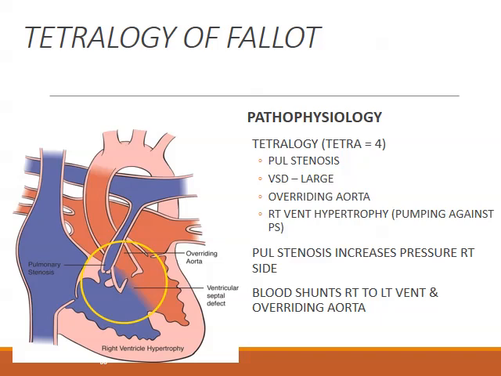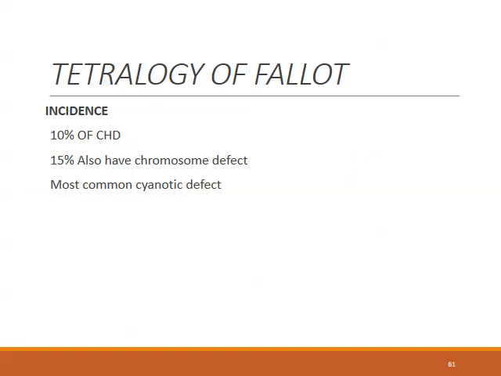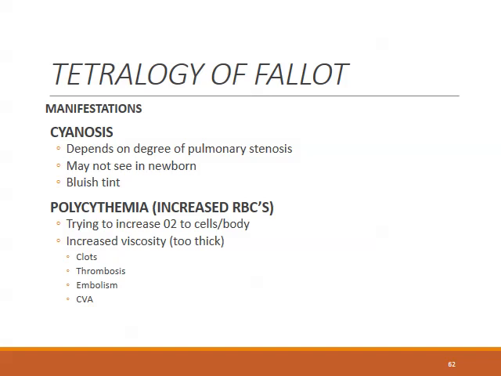So pulmonary stenosis increases pressure on the right side, blood shunts right to left ventricle, and the aorta overrides. Now the incidence is 10% of congenital heart defects, like we said. 15% also have a chromosome defect, and it is the most common cyanotic defect.